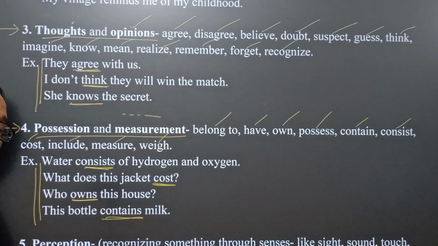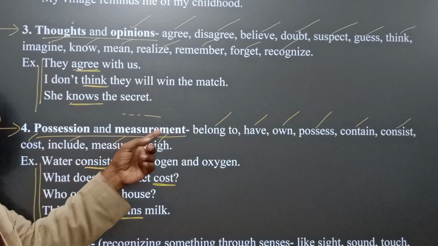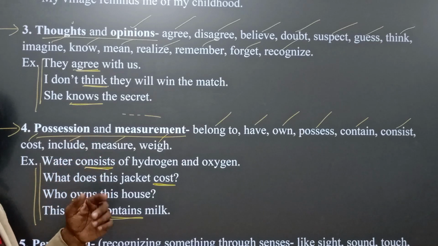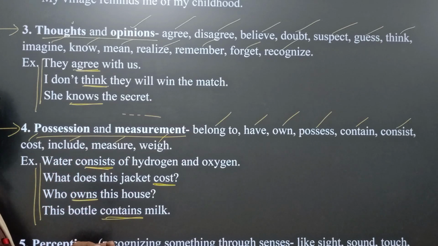Here we find contains is a stative verb and therefore we cannot say this bottle is containing milk. It will be wrong. Remember here, whenever we use the verbs expressing possession and measurement, usually they are used in simple or indefinite aspect.